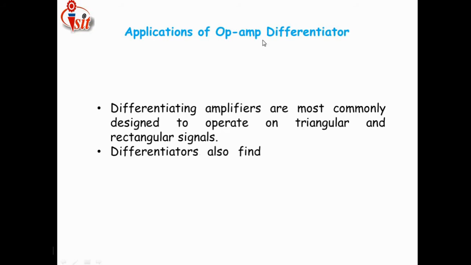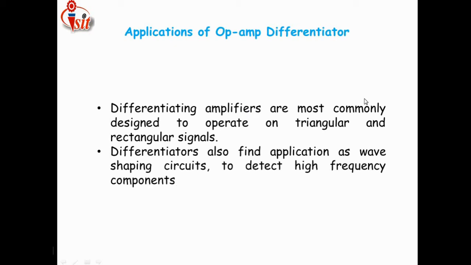Just see, differentiating amplifiers are commonly designed to operate on triangular and rectangular signals. Differentiators also find application as wave shaping circuits to detect high frequency components in the input signal. These are one or two examples related to the differentiator.